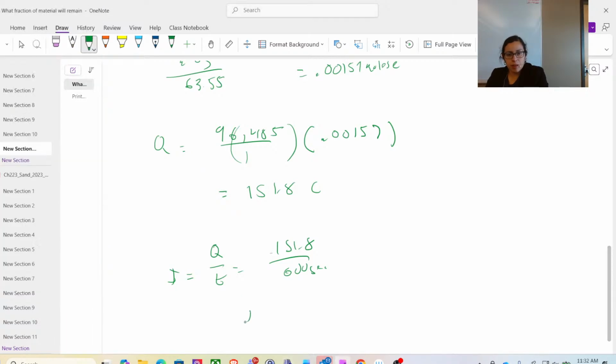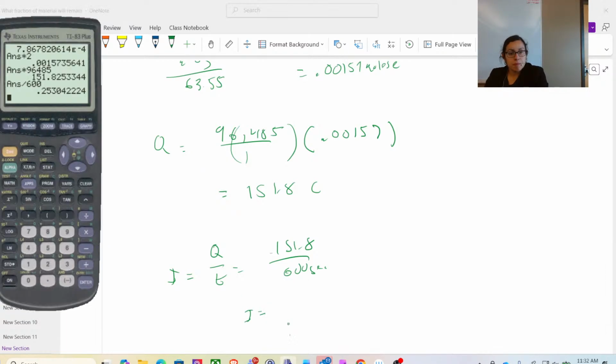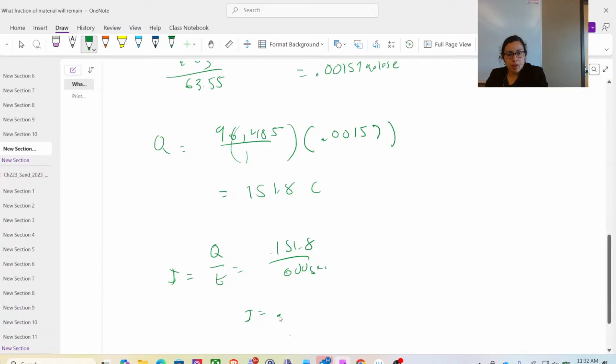And so we should get a current of 0.253 amps there, or coulombs per second.